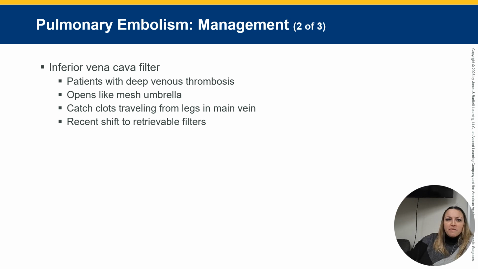Again, an inferior vena cava filter is a potential management of PEs. They can be inserted into patients with a history of DVTs. Like I said, there's no filter up until they get to the lungs, so if we can insert this filter, it opens up almost like a mesh umbrella, and then it catches any traveling clots that are coming from the legs or anywhere else in the body in that inferior vena cava.